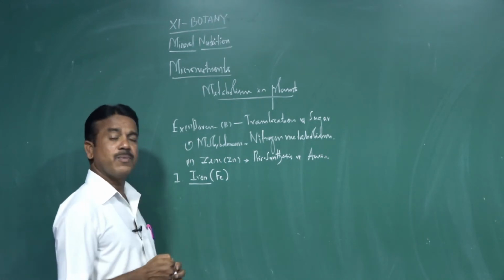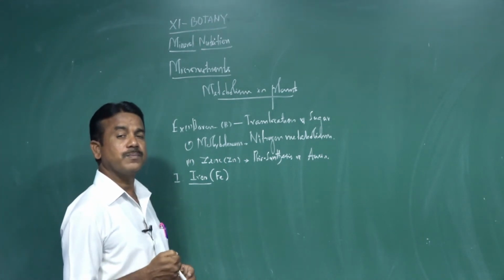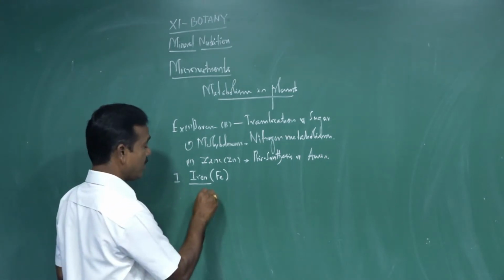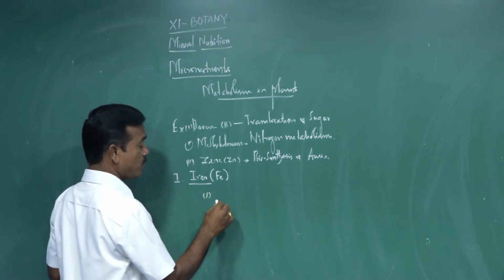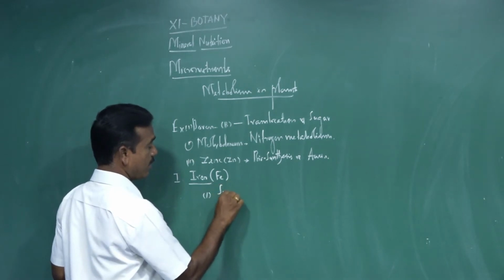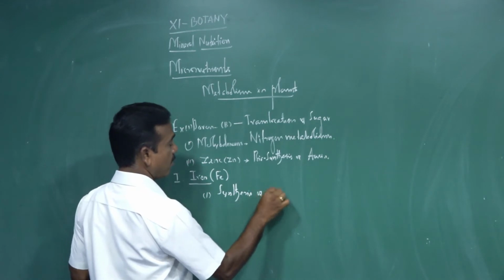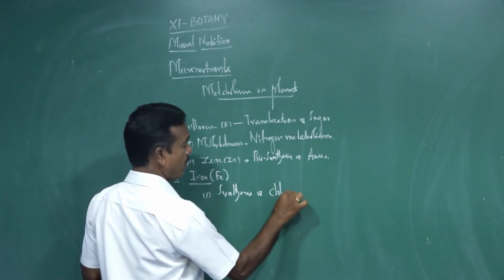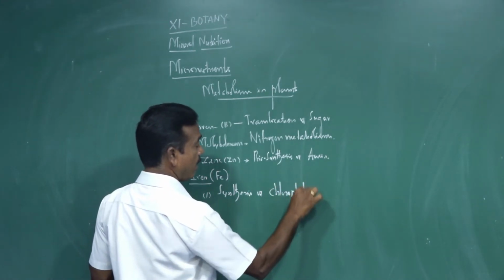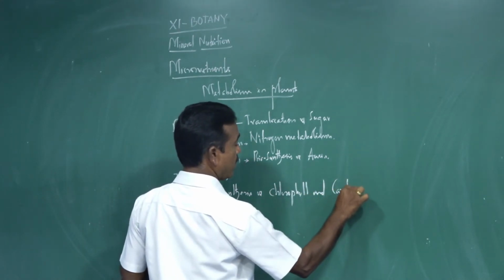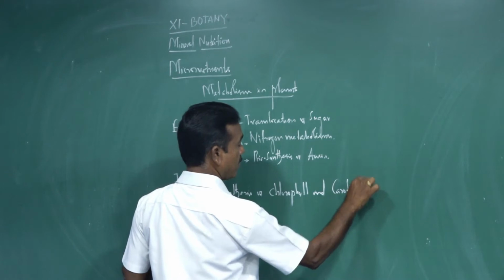In addition, iron plays an important role: it is responsible for synthesis of chlorophyll and carotenoid.